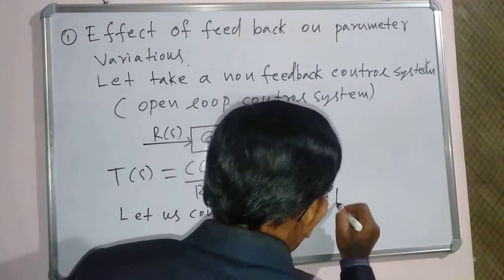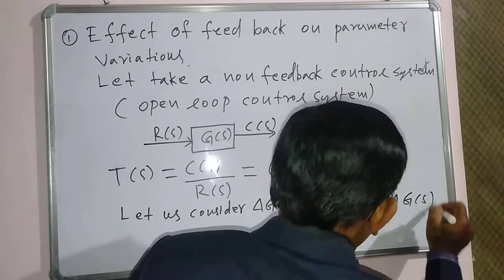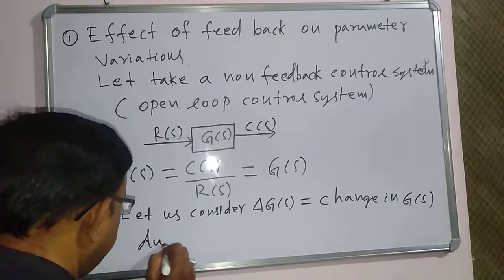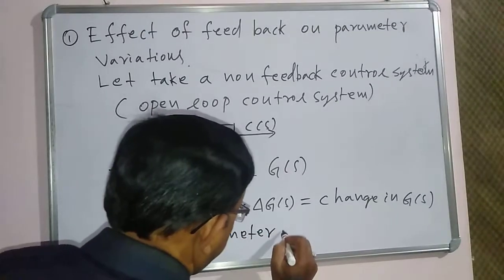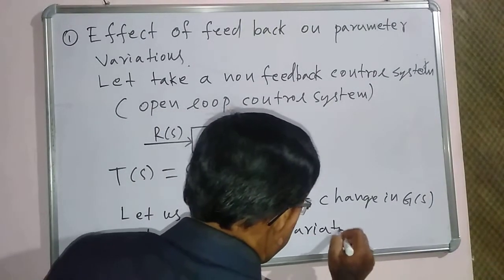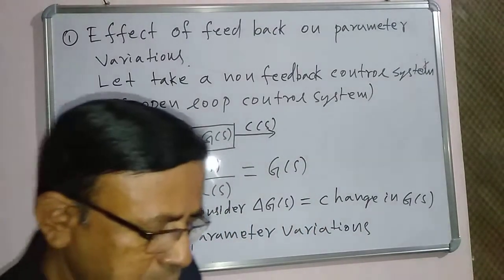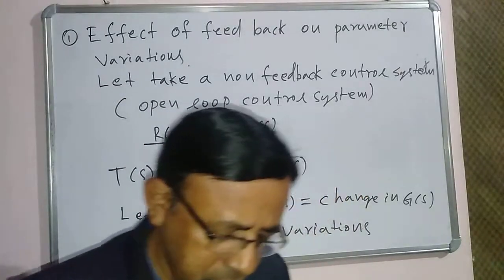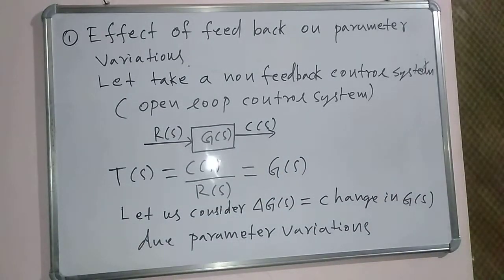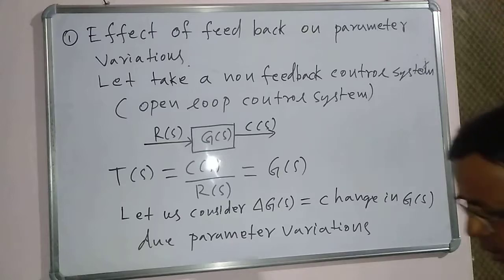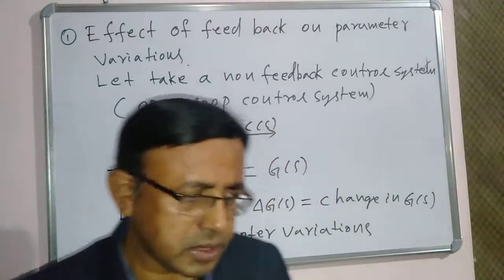is equal to the change in G(s) due to parameter variations. I have already discussed parameter variations, that is, the parameter of a control system changes according to environmental conditions.